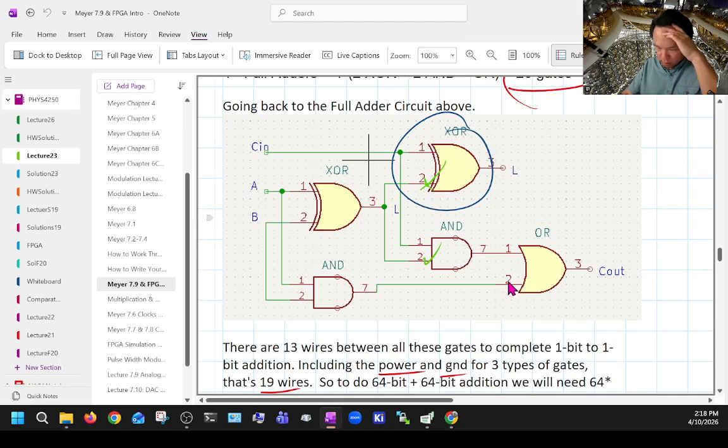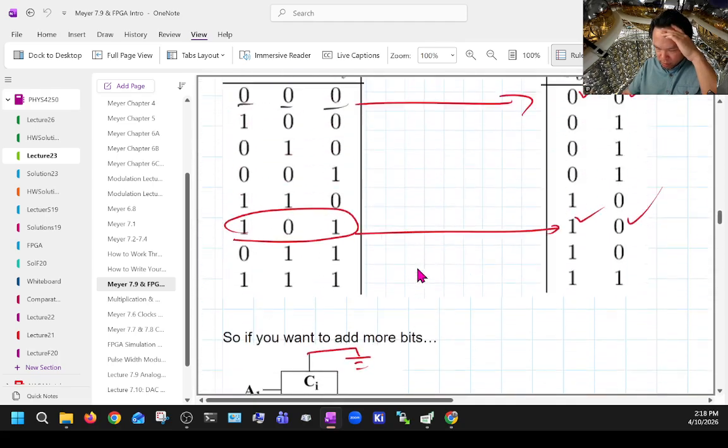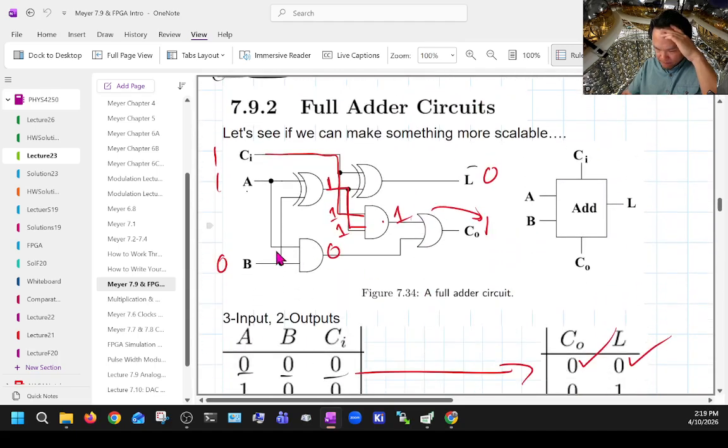Okay. Did I do that right? Yeah, the AND gate goes to the XOR. Okay, so the XOR gate goes to the second layer. Okay, so I was wrong about that. So let's fix that real quick.